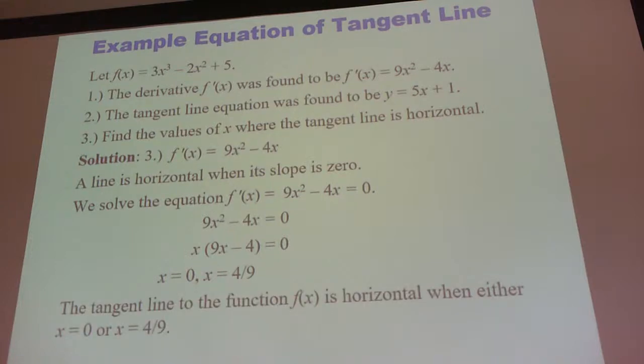The tangent line of the function is horizontal at either 0 or 4 over 9. Again, not a major focus for us because we're doing application problems. But understanding that the derivative is the slope of the tangent line, horizontal is a slope of 0, and some algebra. Good? Doing all right?